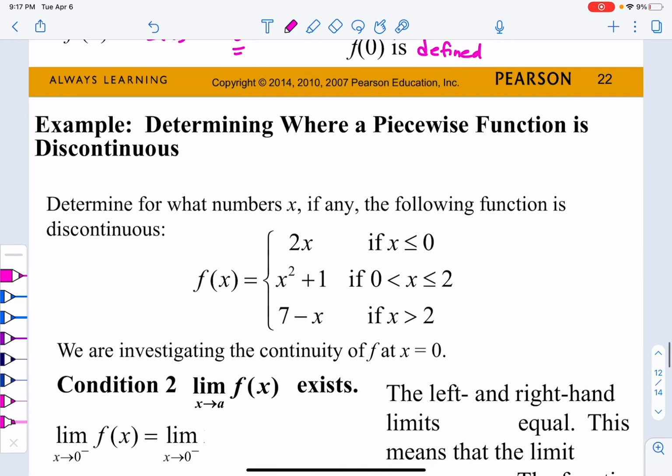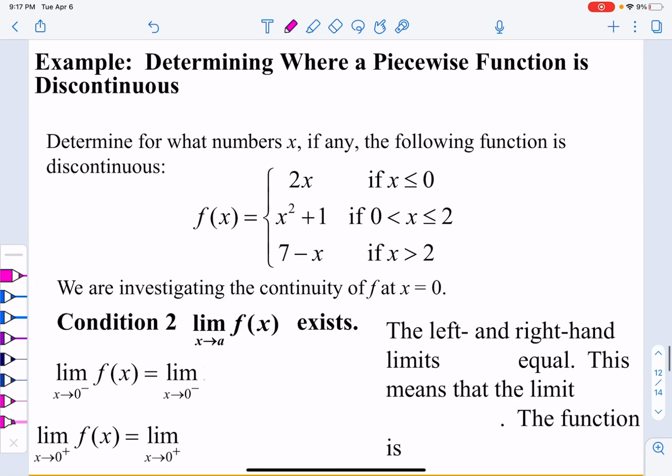Let's see what happens when we look at the limit. So the limit as x approaches 0 from the left, right? That's what our little negative sign at the end there means. The limit as x approaches 0 from the left means that we have to find the left side of 0. So I'm looking at the less than part of 0, which means I would evaluate the limit of that 2x, which means I'm looking at 2 times 0, which is equal to 0.